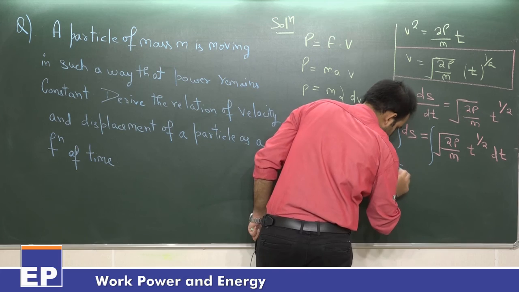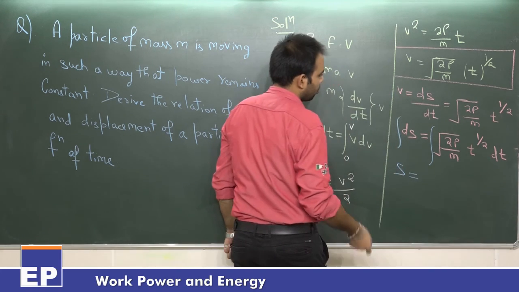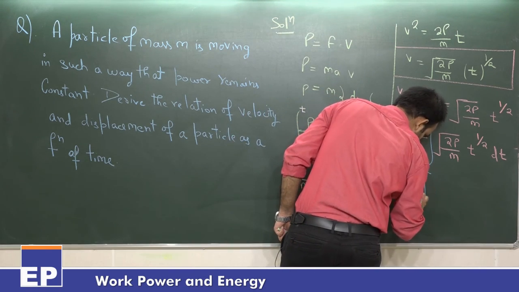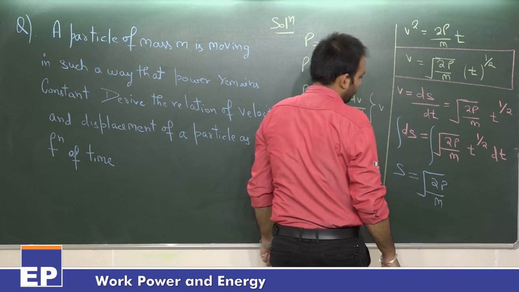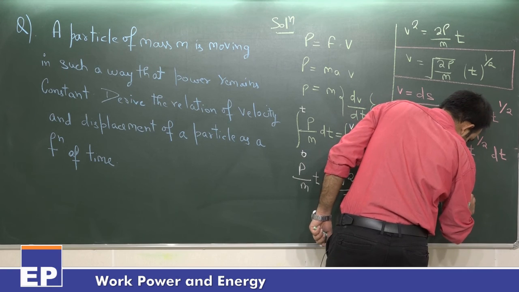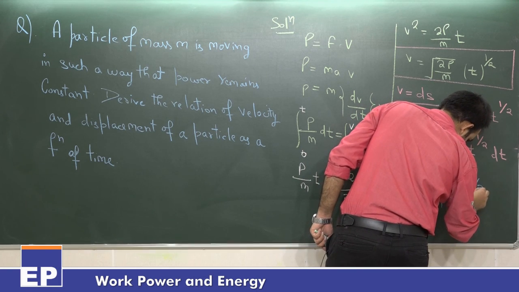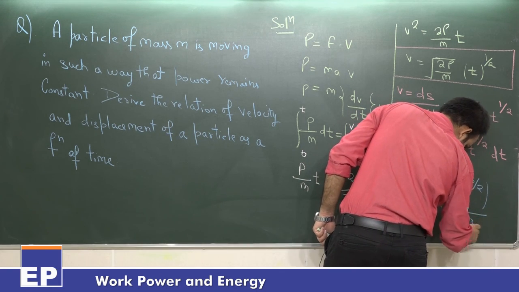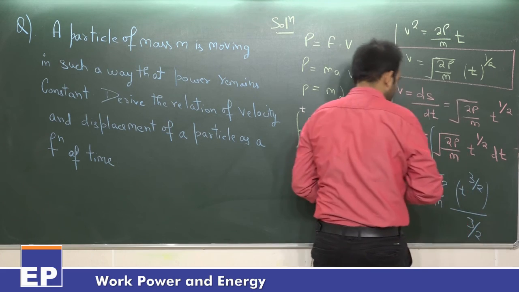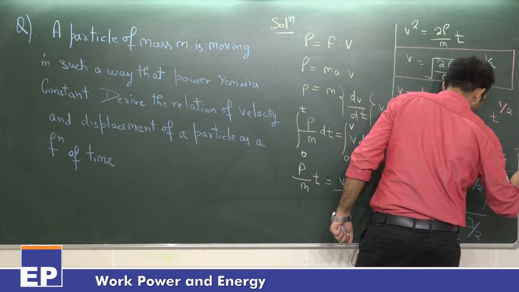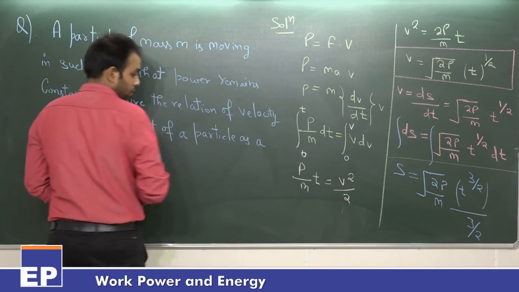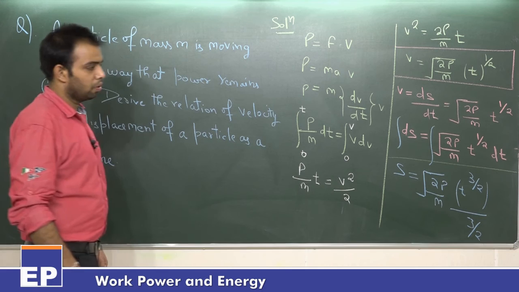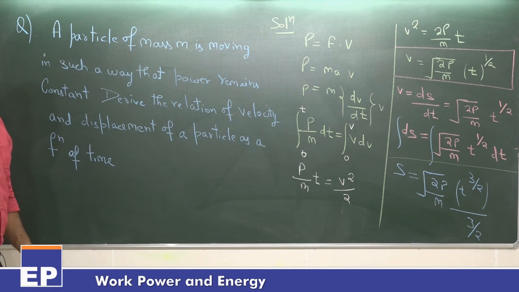The integration of ds is s, from 0 to t. It will become root 2P by M, t raised to power 1 by 2 will become t raised to power 3 by 2 divided by 3 by 2. So this is the thing. This is the function of displacement. Right? So we can do it like this.